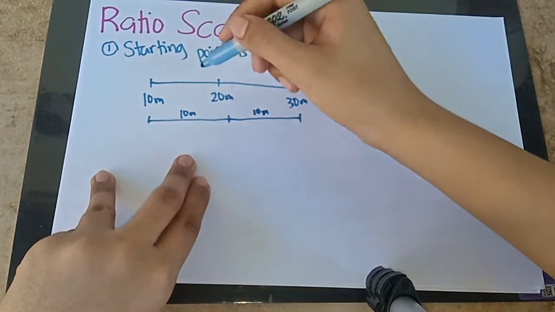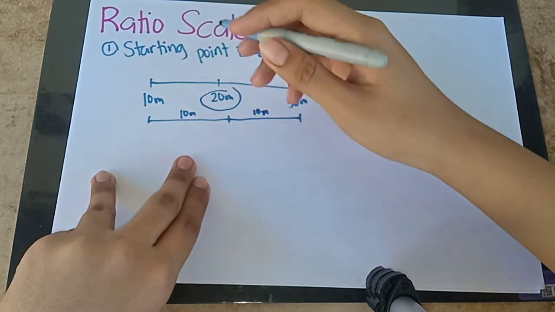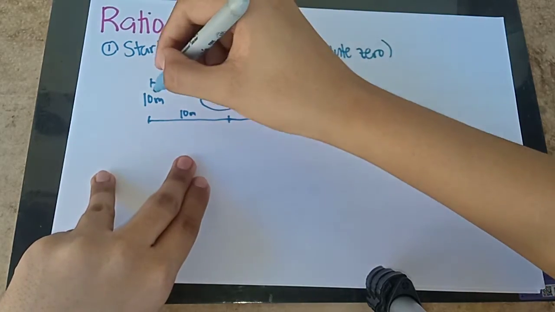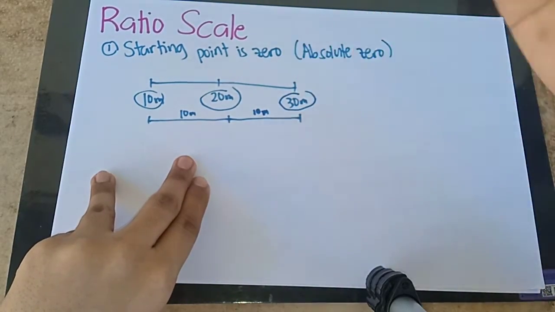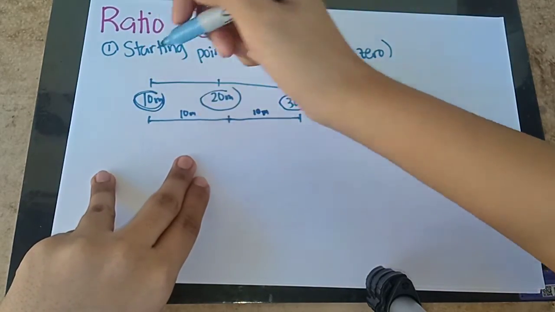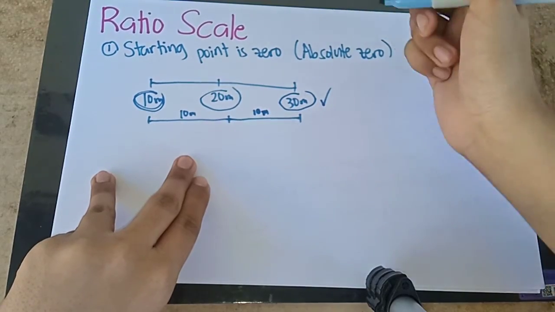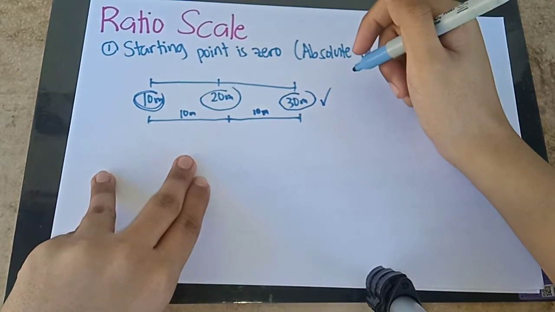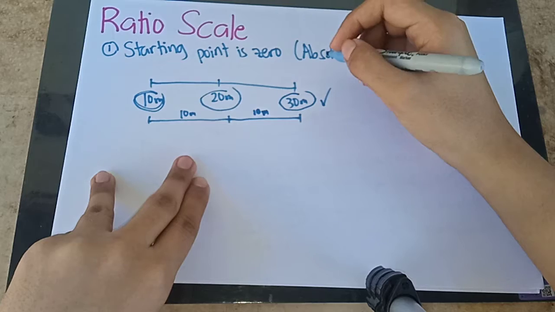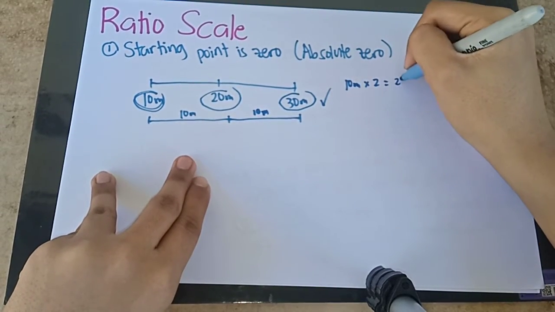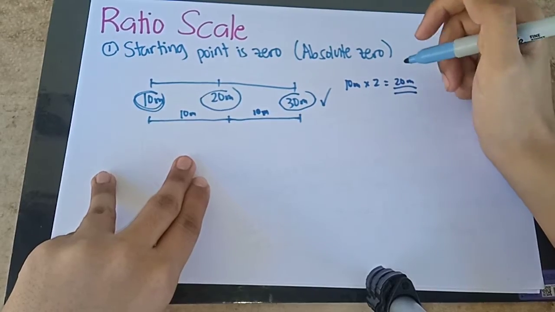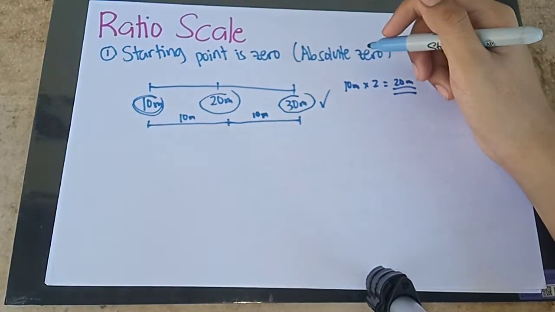However, can we say that 20 meters is twice as long as 10 meters? Or that 30 meters is thrice as long as 10 meters? Of course, we can say that. Let's have a computation. 10 meters multiplied by 2 is 20 meters, meaning 20 meters is twice as long as 10 meters.